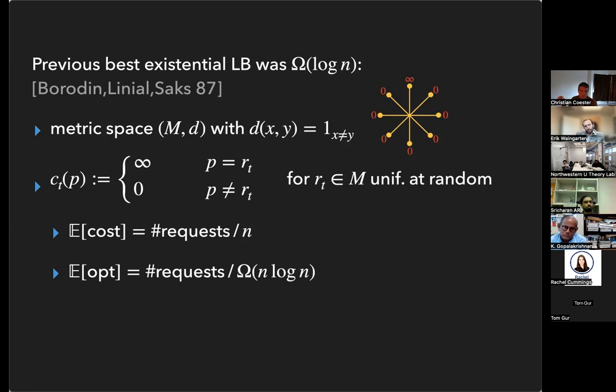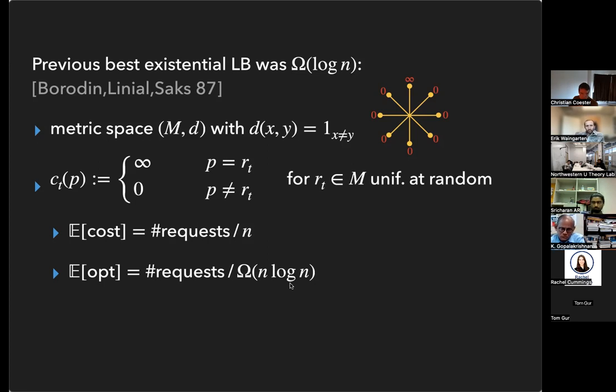Now this essentially is kind of a coupon collector question, like how many cereal boxes do you need to collect until you have each of n coupons, or in this case, how many requests does it take until every point is requested once since the time when you last moved? Well, it takes n log n requests, roughly. This is the classical coupon collector argument. So therefore, the expected offline cost is the number of requests divided by n log n.